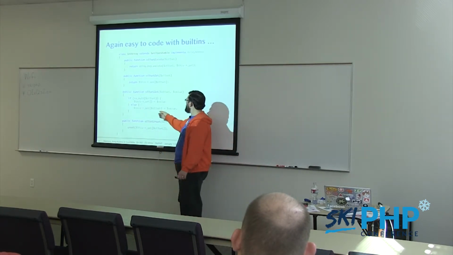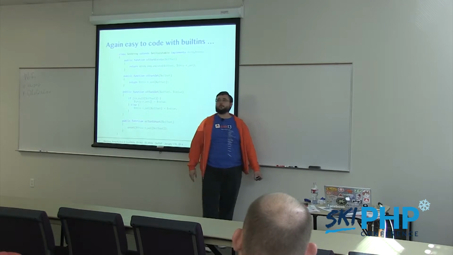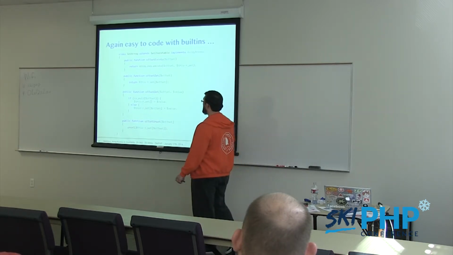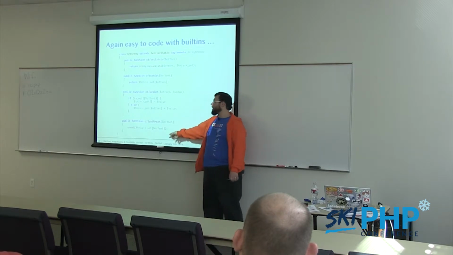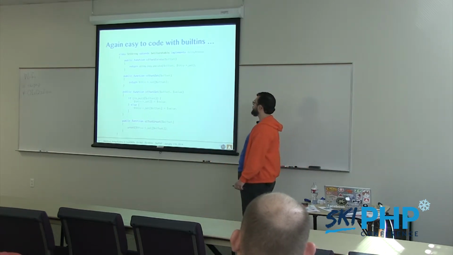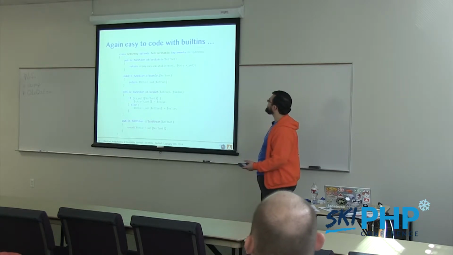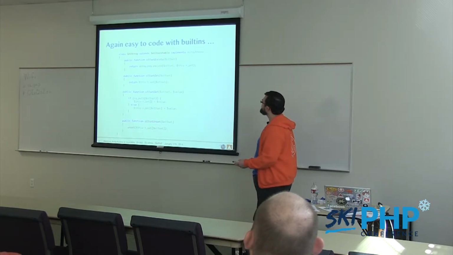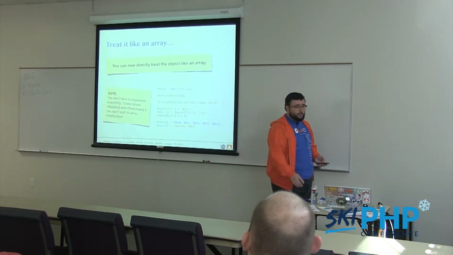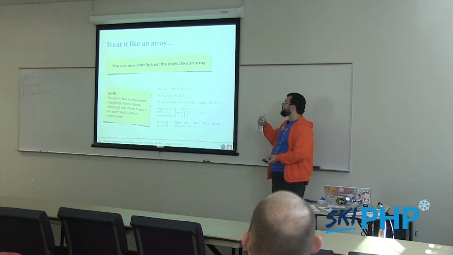If it wasn't null, then you're going to set it directly. So a little bit more than a one liner on that one, but it's still very straightforward. And for offsetUnset, we're simply using unset. Again, it makes it very straightforward to push these through. So now we can completely treat our object as if it was an array.